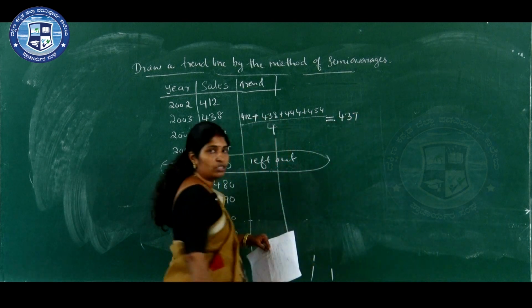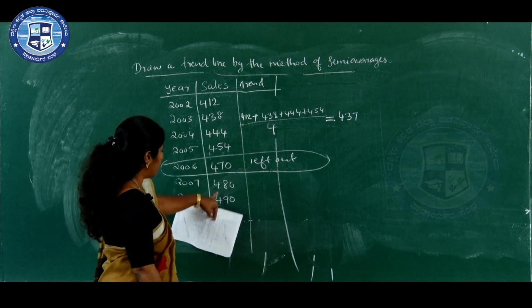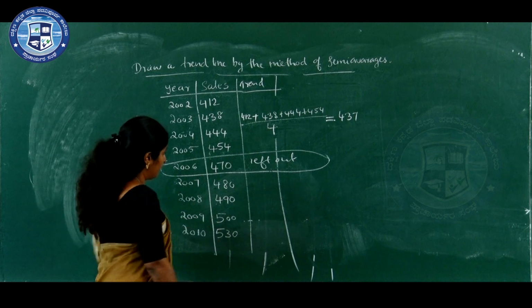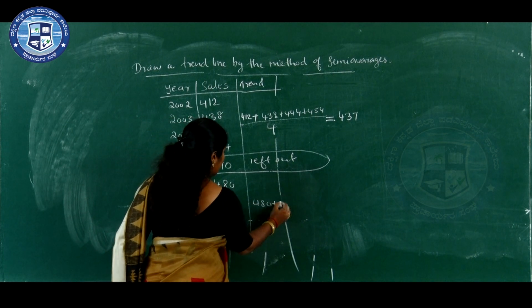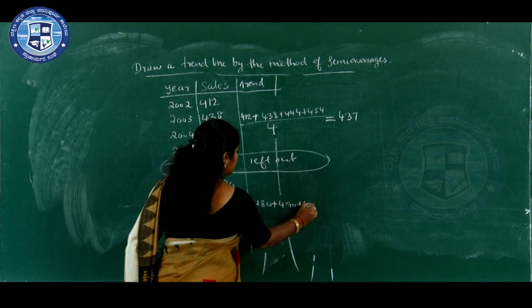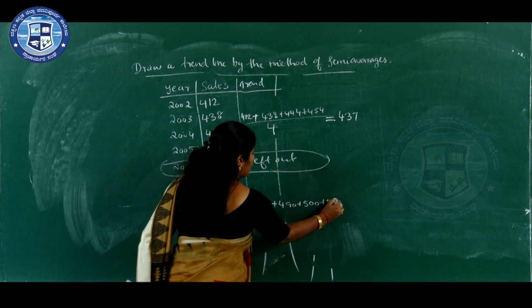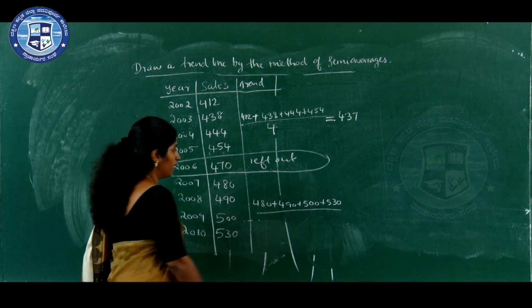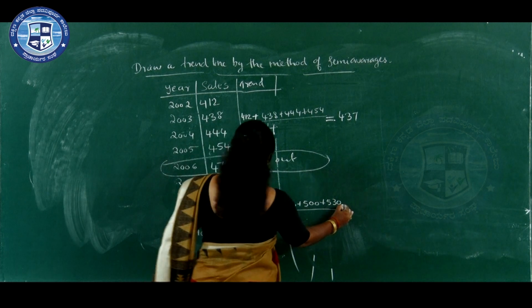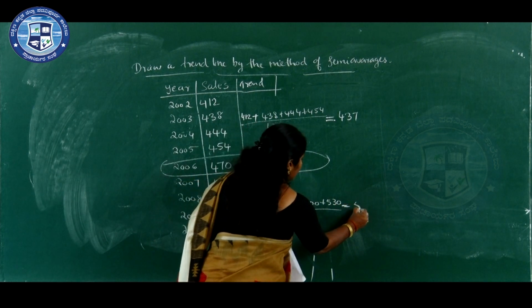Next, find the average for the next part: 480 plus 490 plus 500 plus 530, divided by 4, and your answer will be 500.